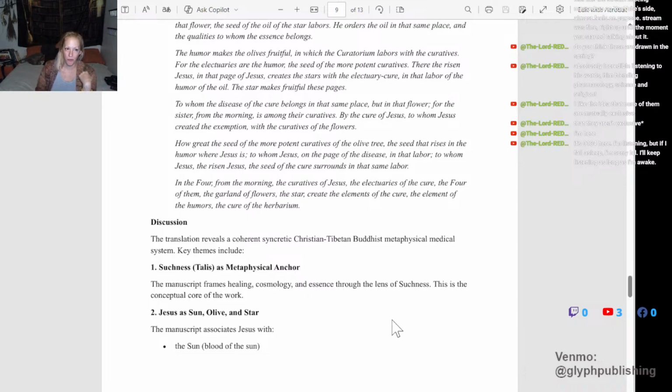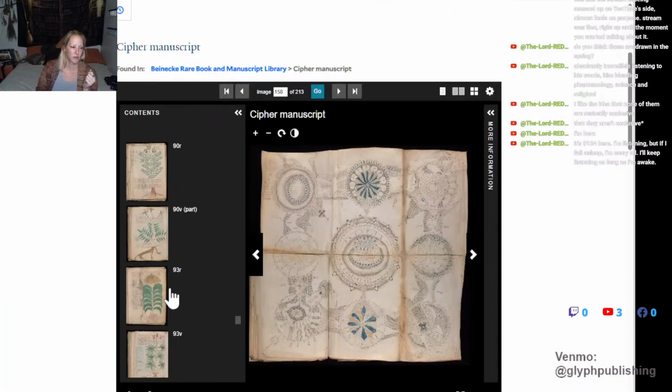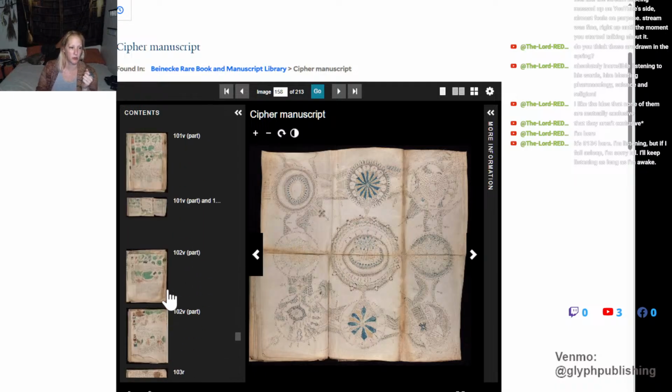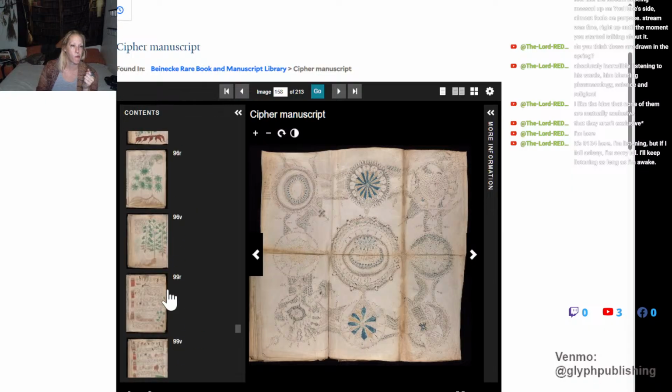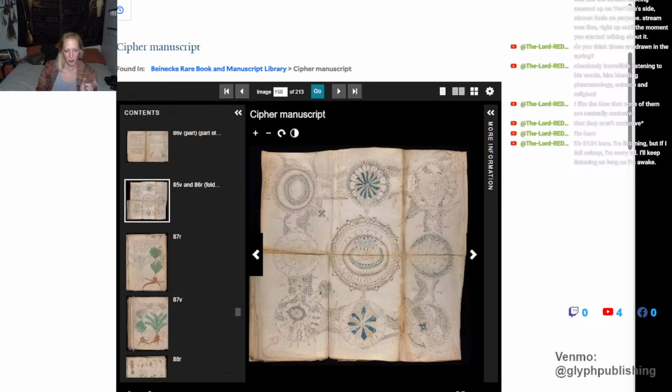Okay, Jesus is associated with the star of Suchness, so by proxy he is the Buddha, but that's actually described on Folio Isus, which is, what page is that? It's on there. I don't feel like going through all of Folio Isus right now, but there's a picture of a little baby in green, okay, with a star above his head.